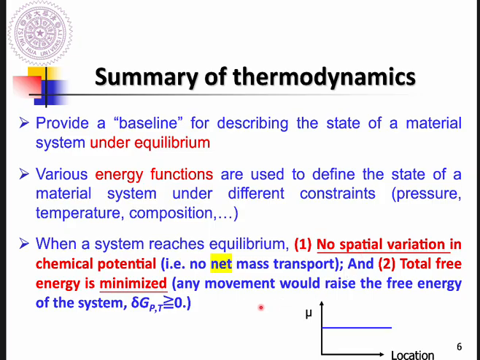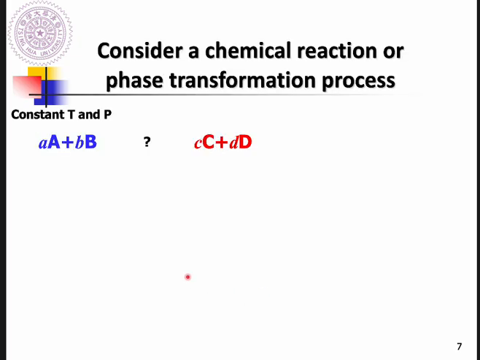And don't forget, when systems reach equilibrium conditions, we don't have any spatial variation in chemical potential, and also the total energy is minimized. All of this description belongs to thermodynamics.